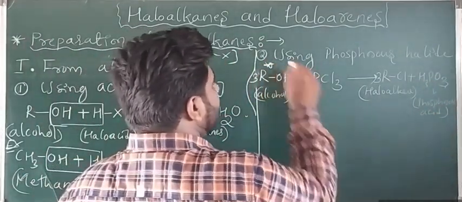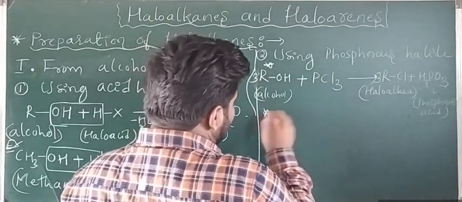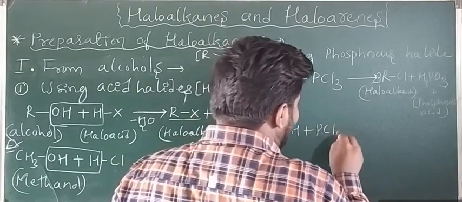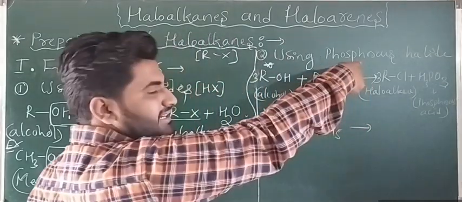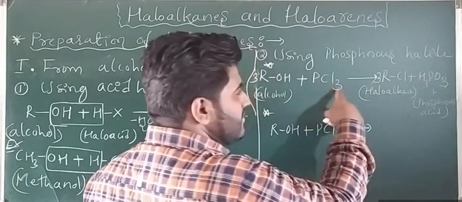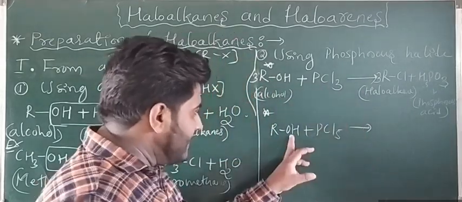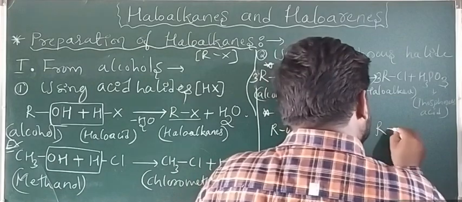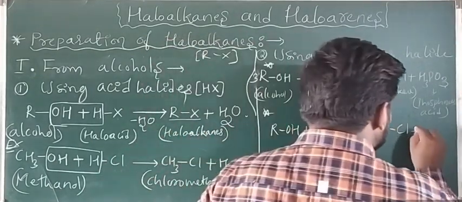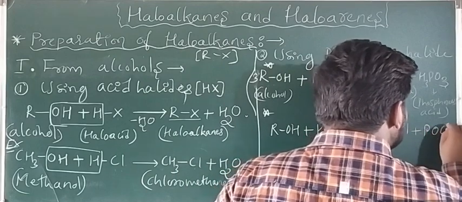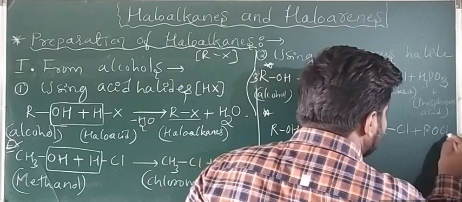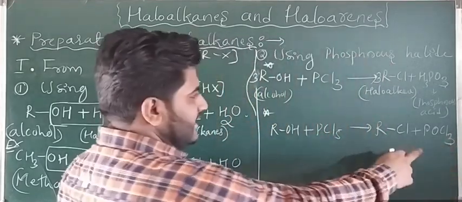Similarly, this is when we use PCl3. Again, with the same alcohol, when you use PCl5, this is also a phosphorus halide, phosphorus pentachloride. This one is phosphorus trichloride. Same thing here, we are getting RCl only, but the extra product is phosphorus oxychloride, POCl3.